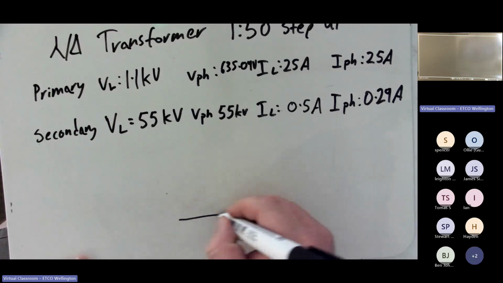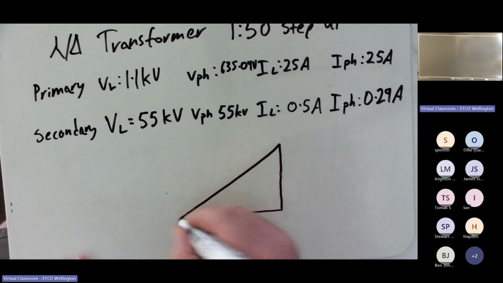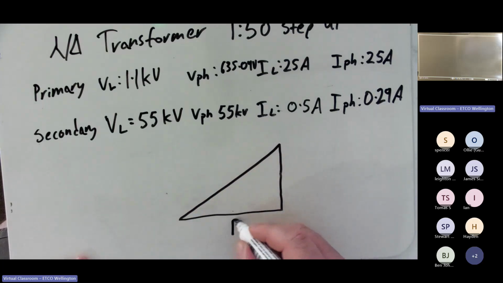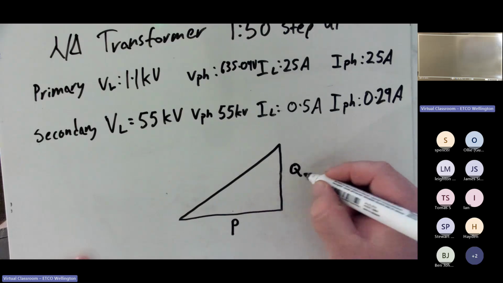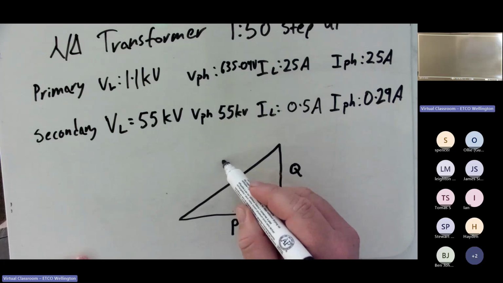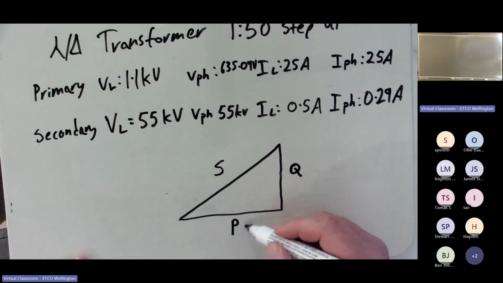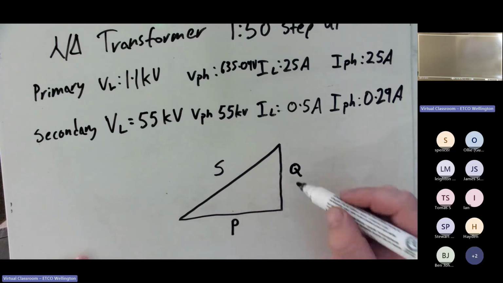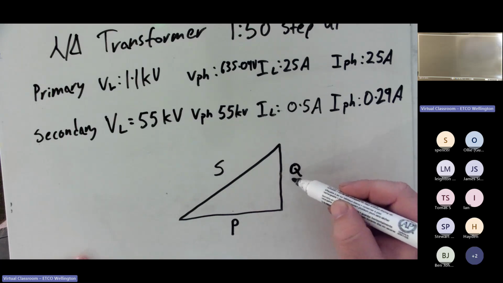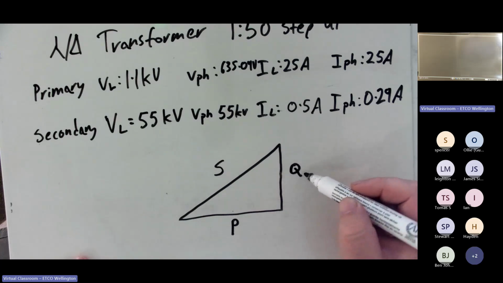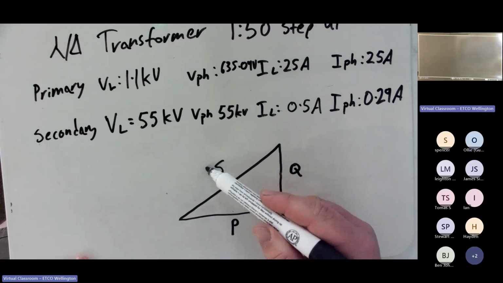All the power relationships are always the triangle relationship where you've got your power here, your reactive power here, Q, and your apparent power, S. This is the actual usable power of a transformer. This is the resulting losses because of the inductance in the windings. And then this is the apparent power, which you're actually paying for.